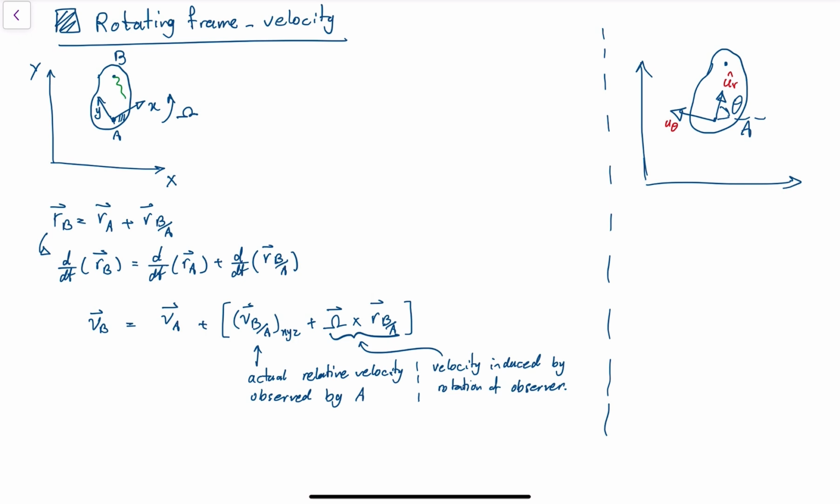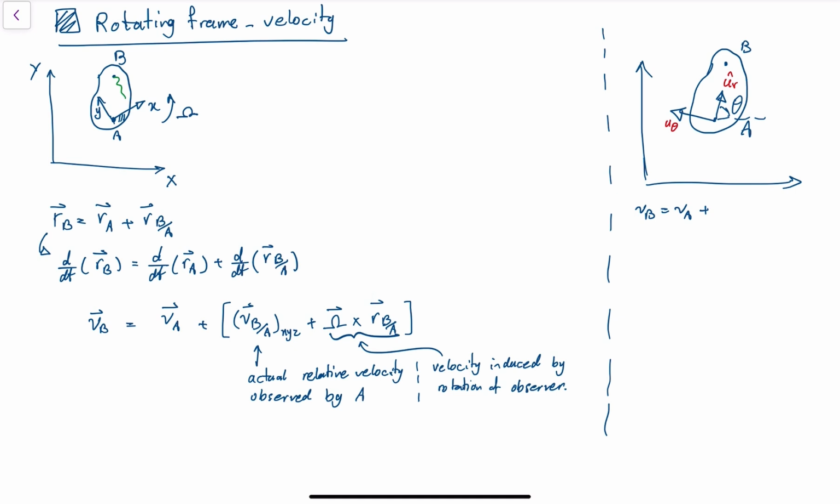Now, if point B moves back and forth, let's write V of B is V of A plus this relative motion. But relative motion, we can describe it in the polar frame.